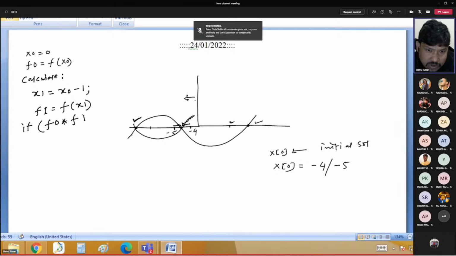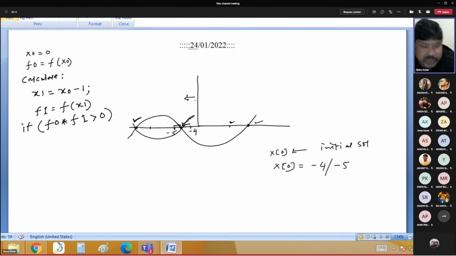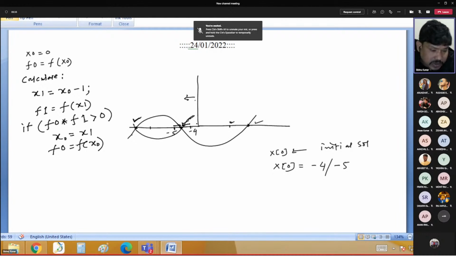After getting f1, you will check whether the signs of f of 0 and f1 are the same or not. If they are the same sign, it means the graph is lying on the same side of the x-axis, so you will change the points. The pointers will be moved. Suppose x0 will be -1 and x1 will be -2. So x0 becomes the old x1, and again you will calculate f0 at the updated point.